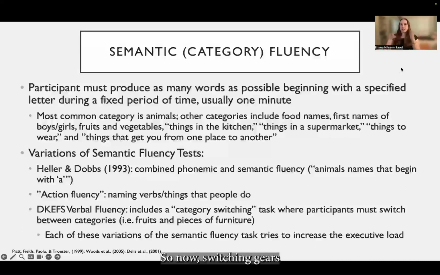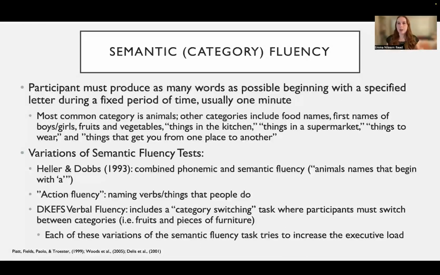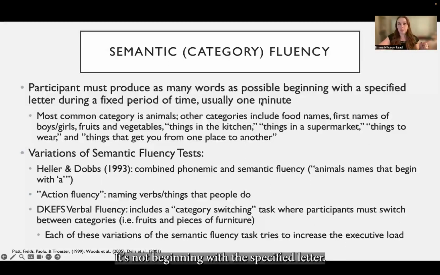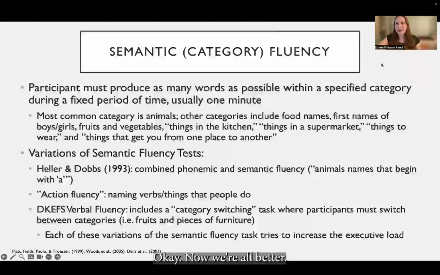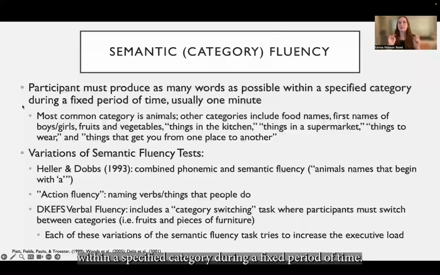So now switching gears a little bit to the semantic fluency. We talked about this before as well. The participant needs to produce as many words as possible within a specified category during a fixed period of time.